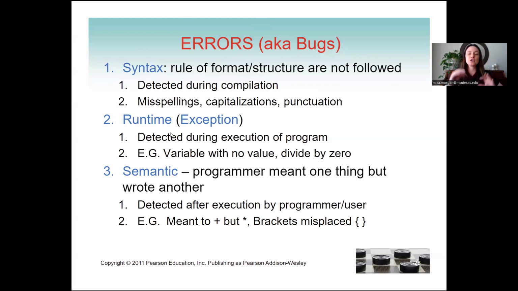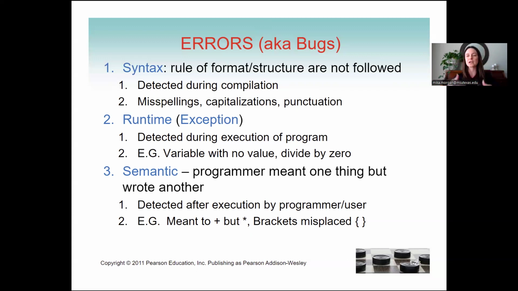Another one is your code might be written correctly, but you can ask it to do an invalid task. A really common example would be asking it to divide by 0. I could write good, correct code that said cout 3 divided by 0, semicolon, and it could all be written right with nothing wrong with the code.